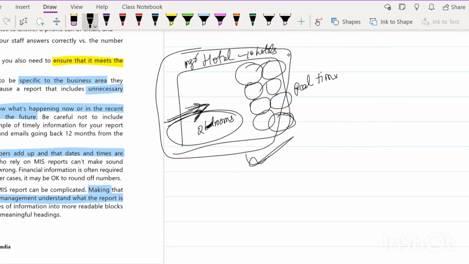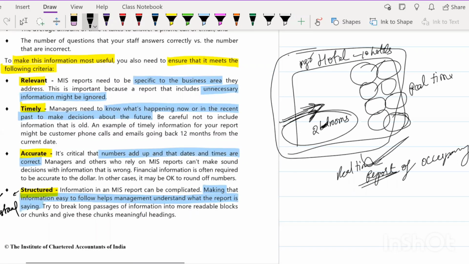This is nothing but a report of the occupancy of your hotel, and this report is a real-time report. Like the same example you can give for your theaters also. So when you go to a railway station, they have railway timing data, correct? So that is also there. So these are the examples, and for theaters also you have this real-time report generation, correct?